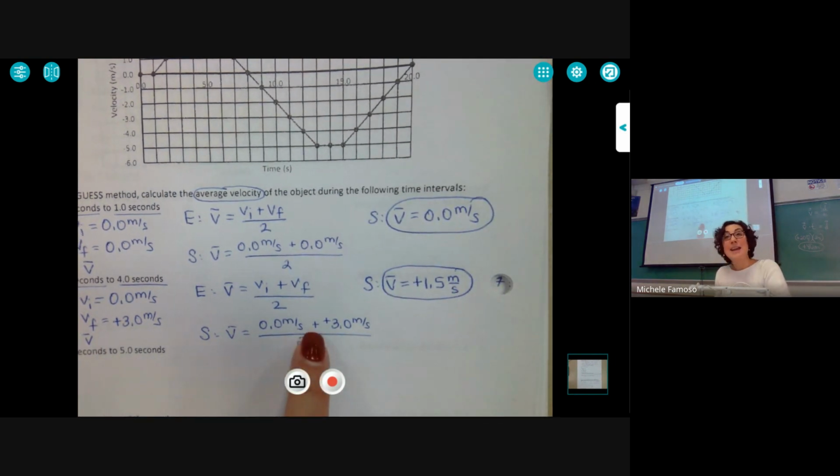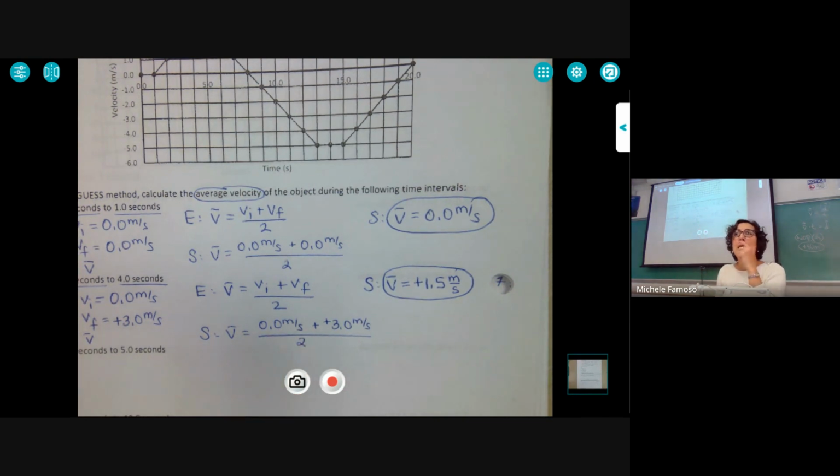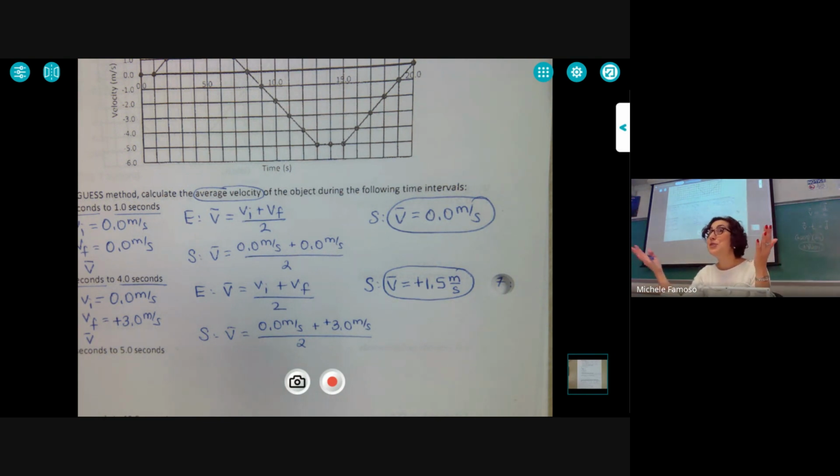Make sure you're adding the velocities. The common mistake is that kids want to subtract them. And I'll tell you, if you start subtracting the velocities for an average velocity, I will start subtracting your test grades to calculate your average test grade in my class. So if you got 100 on one test and a 90 on the next test, what's the difference? 100 and a 90?